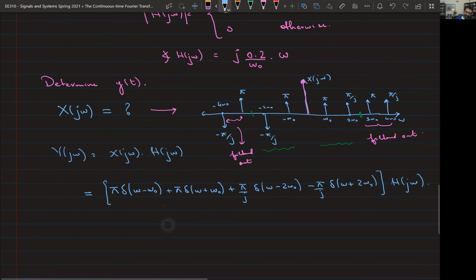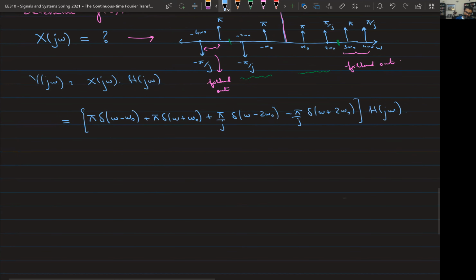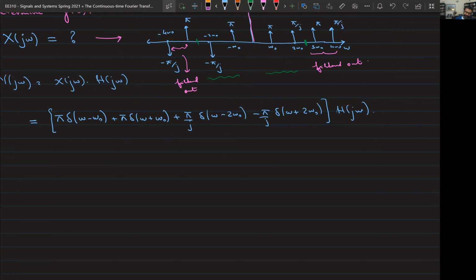H of j omega is equal to the absolute value of H of j omega, let me use the polar form, times e raised to the power j phase of H of j omega. And I know that within the frequency minus 2.5 omega naught and plus 2.5 omega naught, this is equal to 1.